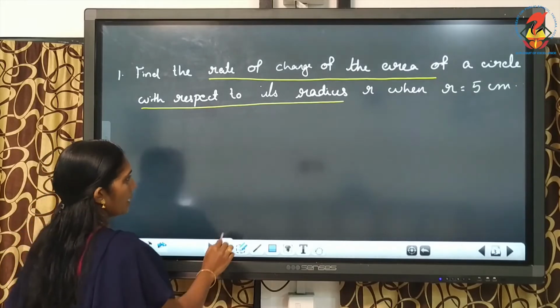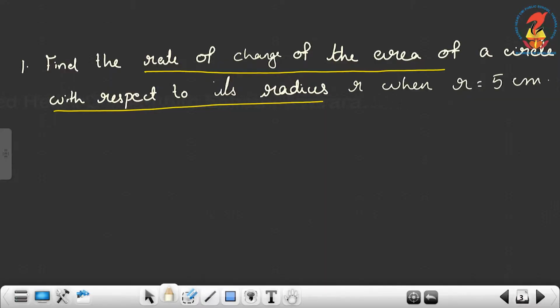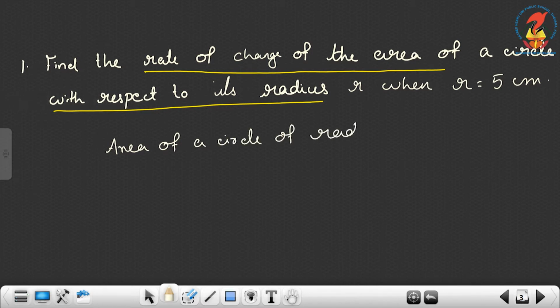Radius is given as r, and its value is also given. What is the area of a circle of radius r? We denote it as capital A. A is equal to pi r square.